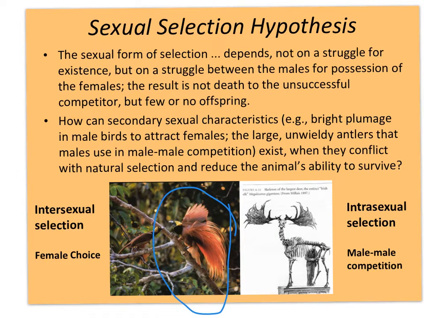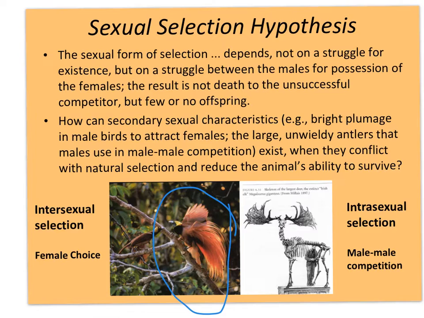Predators. Right. So this is strange. Darwin thought, well, if natural selection favors something that is better able to survive, why would some animal have a trait that makes it less likely to survive?